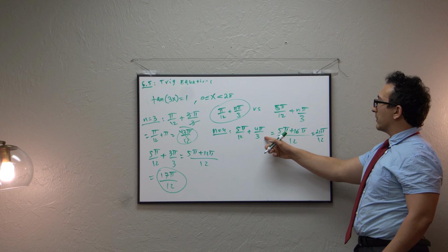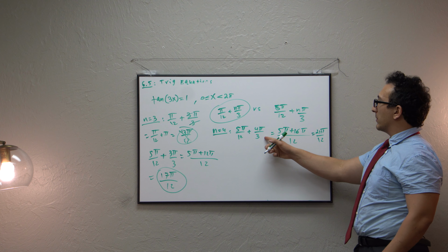Let's do n equals 5. I get 5 pi all over 12 plus 5 pi over 3. Then multiplying top and bottom by fancy number 1, I get 5 pi plus, I got to multiply top and bottom by 4. So that's 20 pi all over 12. Now we get 25 pi all over 12, and boom.